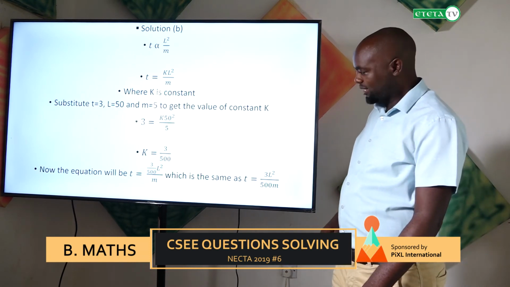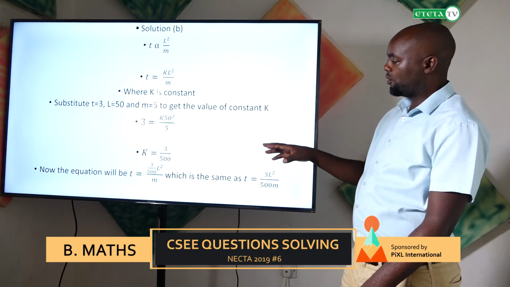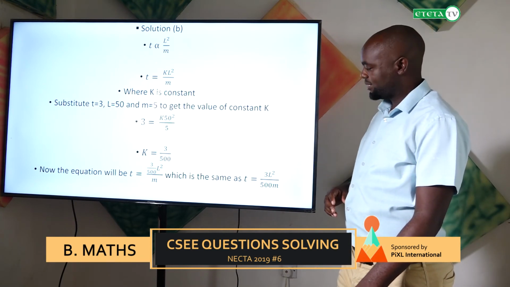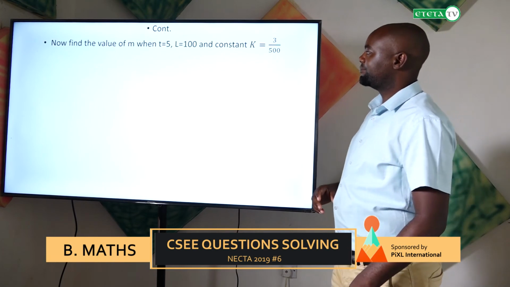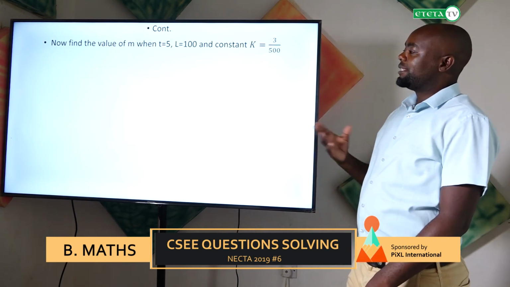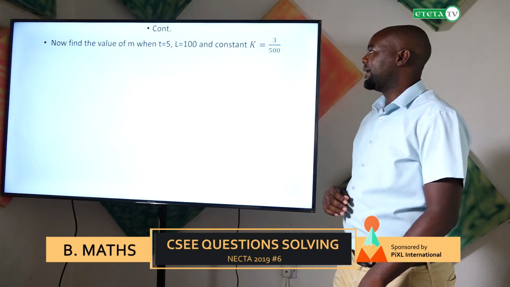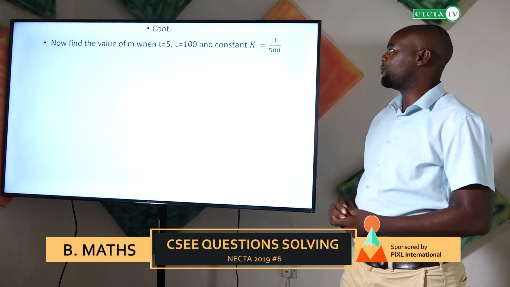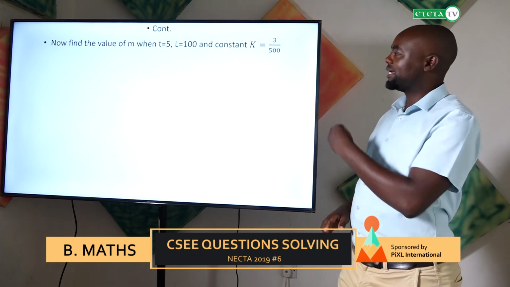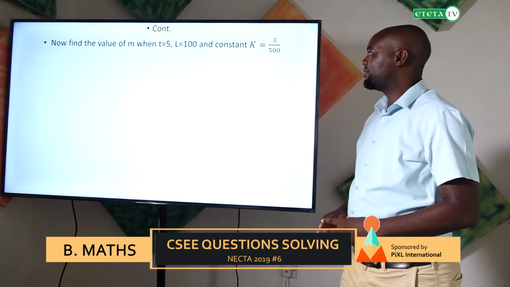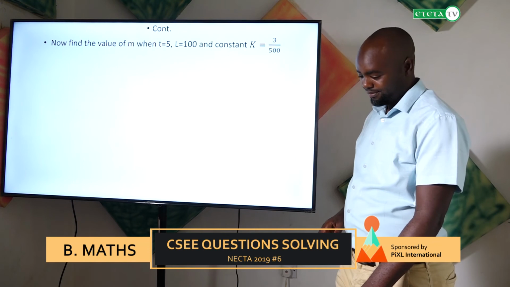So substituting the values given in the second case, M is what we are supposed to find, T we have 5, L, the length, we have 100 meters, and the constant we have 3 over 500.